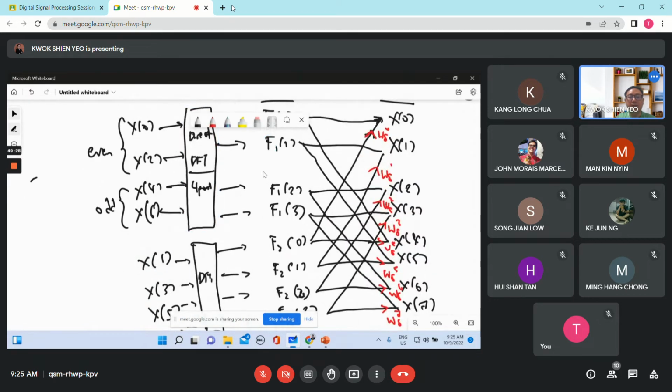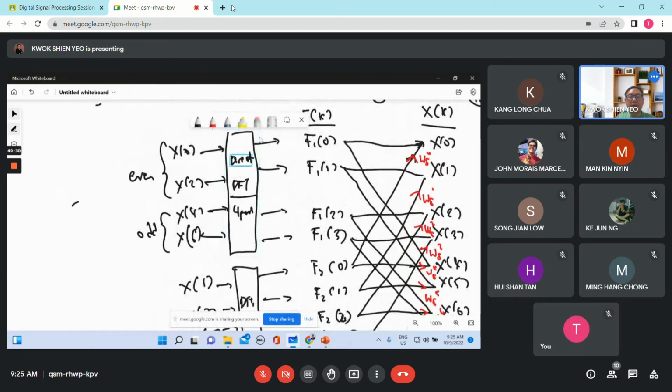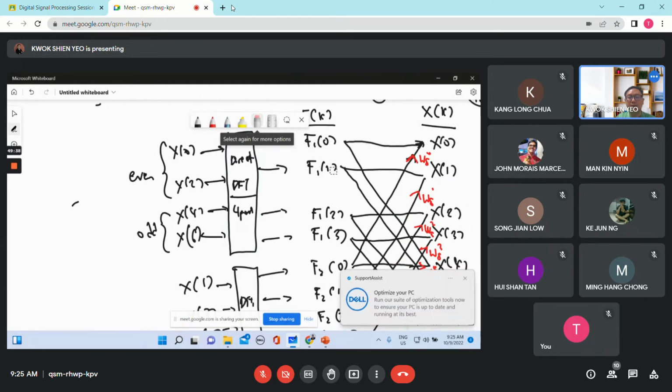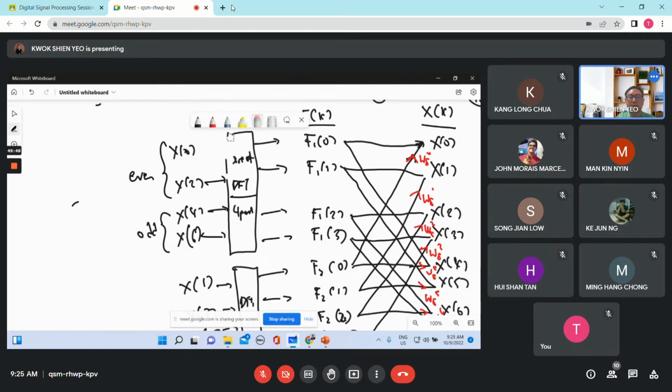Now let's say I want to erase this, because now I want to focus on how to get my F10 and F11 through another smaller DFT. So I'll take this out again, the upper half.